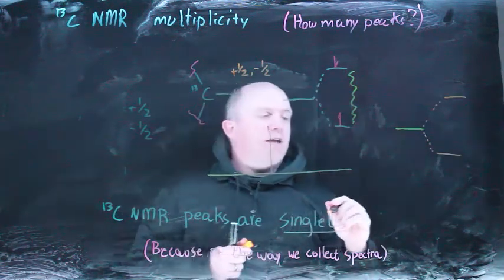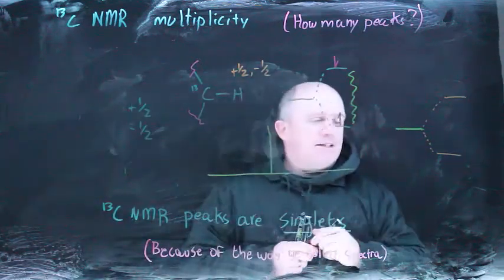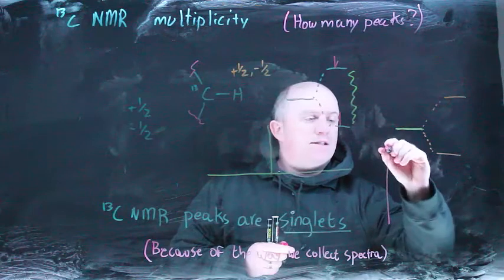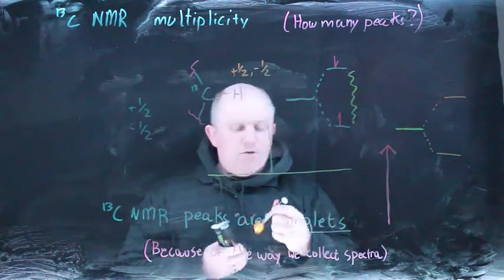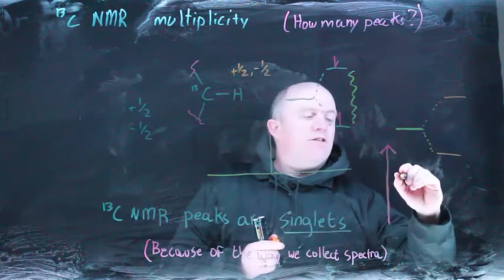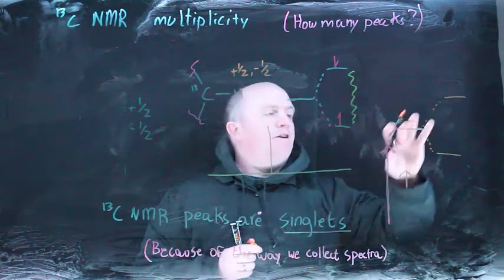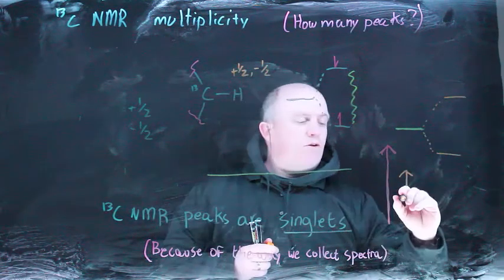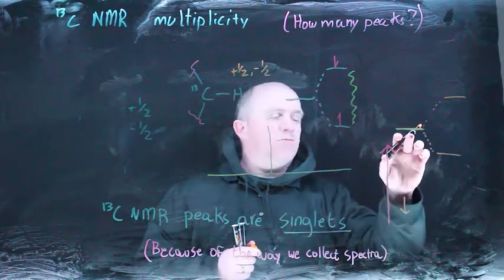And the reason why is best understood as you have this giant magnet, and it's got this energy for the magnet that's providing a magnetic field in, say, that direction. And then your hydrogen atoms can either be aligned with that, slightly increasing the energy that the carbon experiences, or they can be anti, which would slightly decrease the energy that the carbon nucleus experiences.